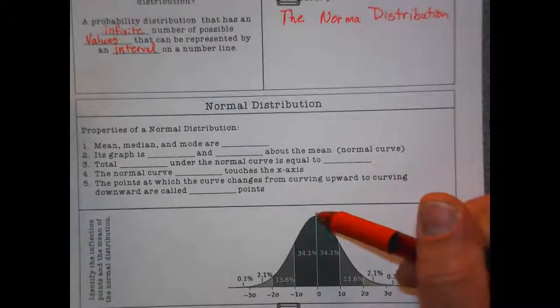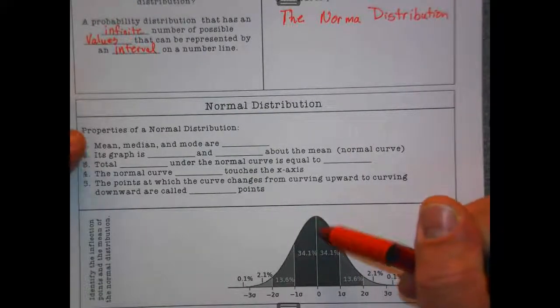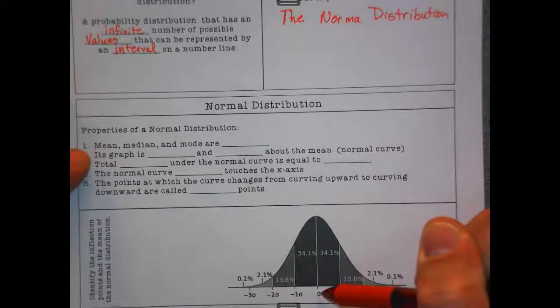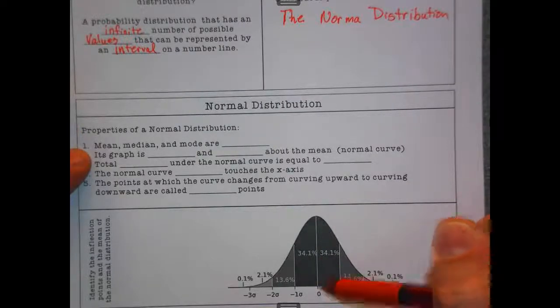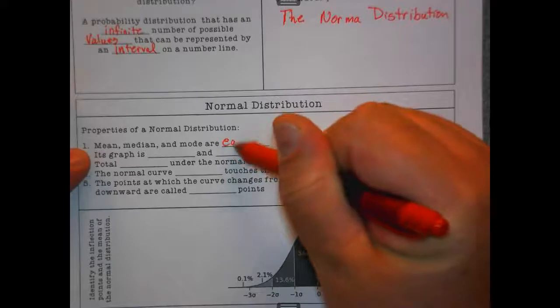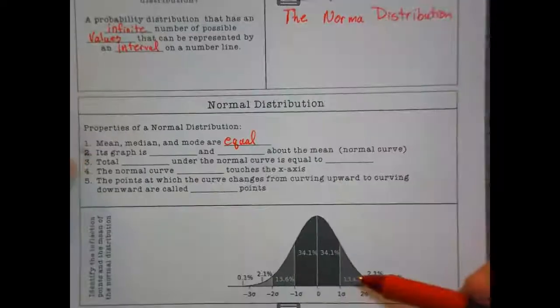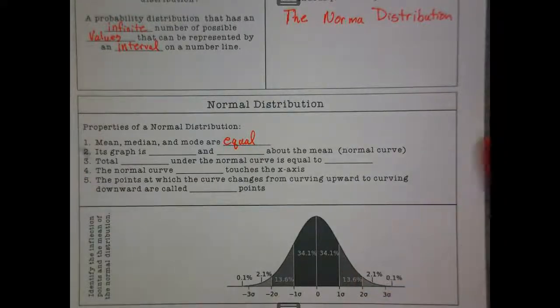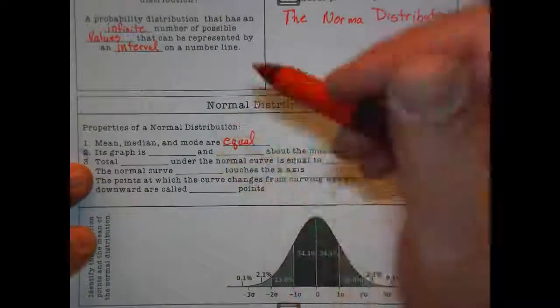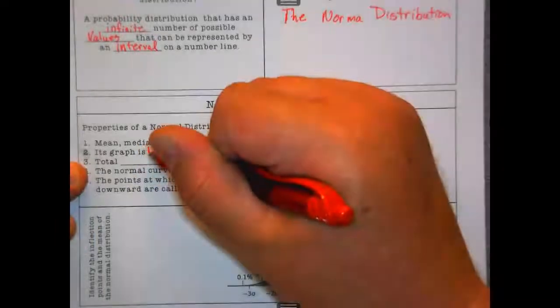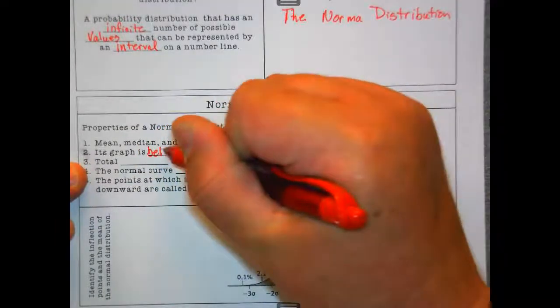So this line is our mean, median, and mode. So they're all equal at this point. We call it a bell-shaped graph.